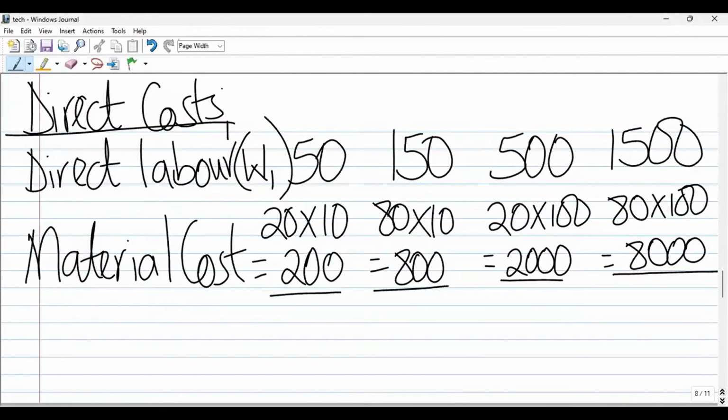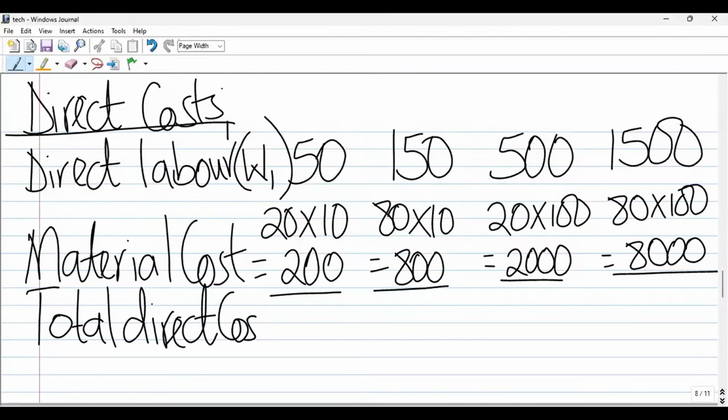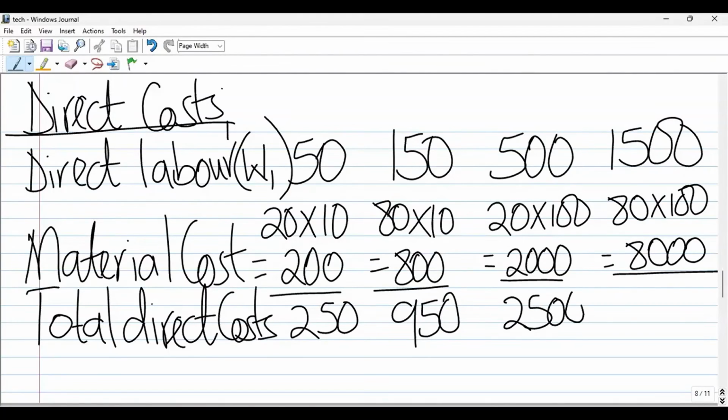We can come and get the total direct costs. So here we have 250. Here we have 950. Here we have 2,500.